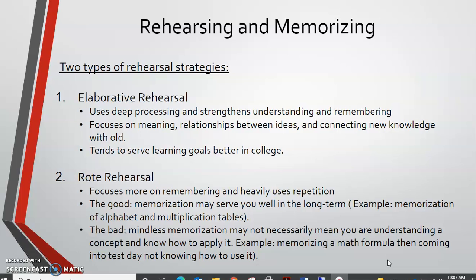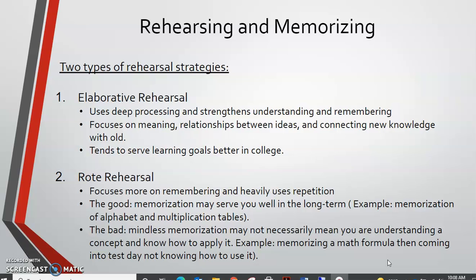The bad part of rote rehearsal is it can sometimes involve mindless memorization, which doesn't necessarily help you understand concepts in a deeper way. And also when you're learning, you also want to know how to apply that information, practical learning. And rote rehearsal doesn't necessarily provide that.